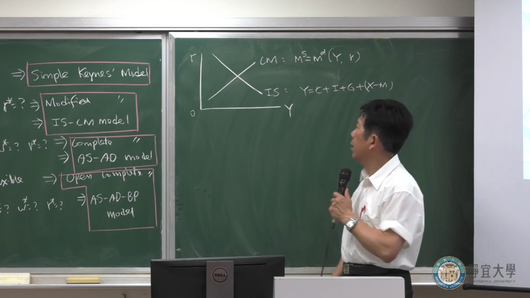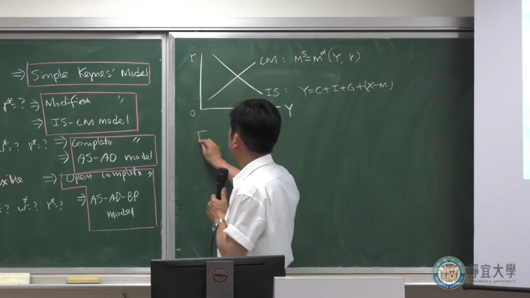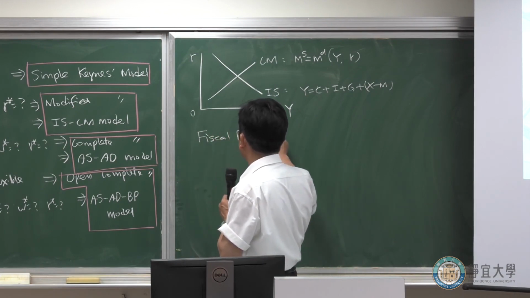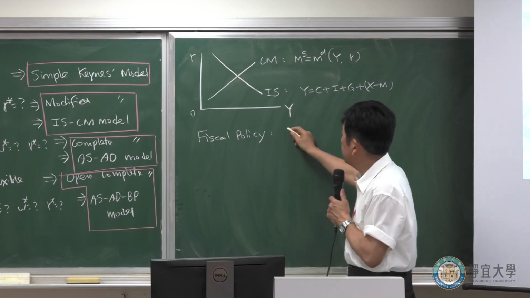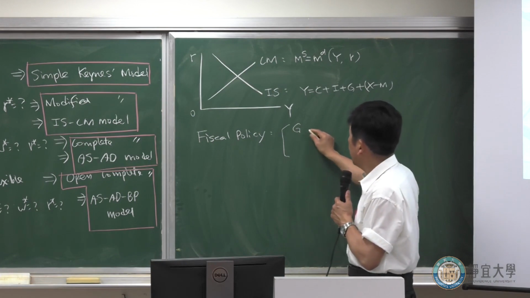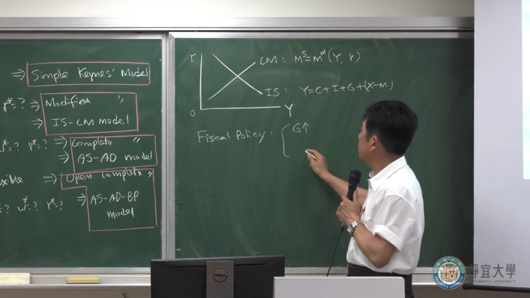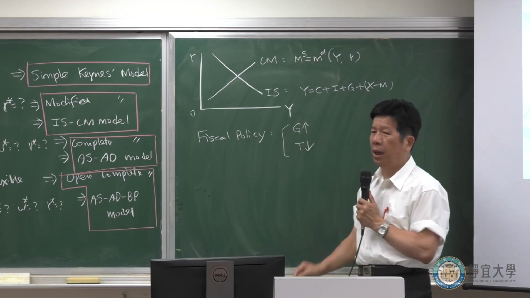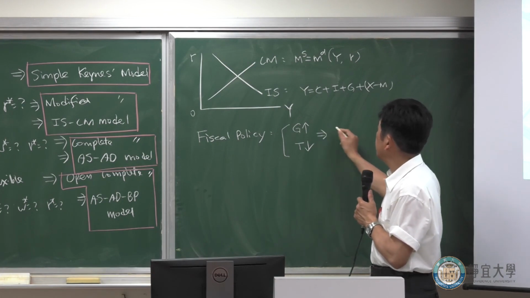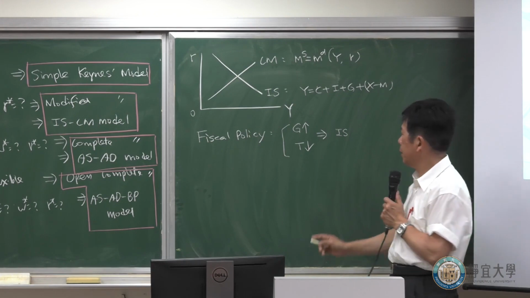So if we want to talk about fiscal policy, what is fiscal policy? It means the government can use government spending. For example, if government spending increases, or the tax decreases, then this can let the IS curve shift to the right.